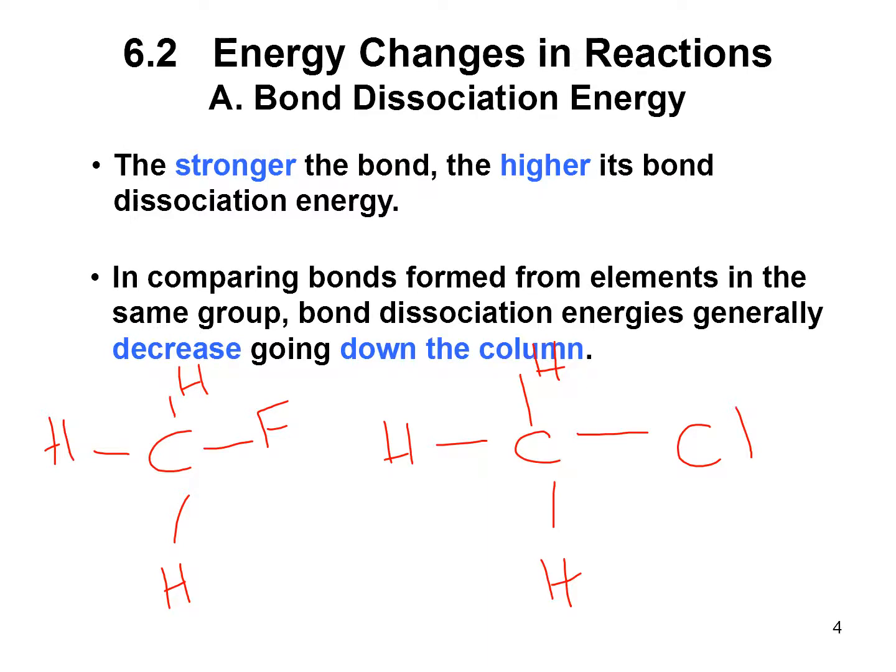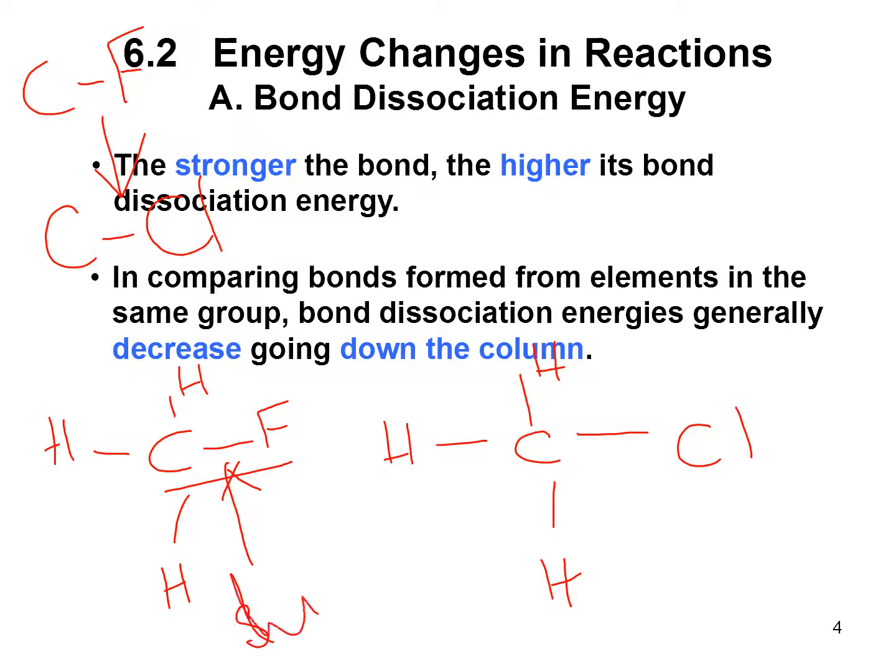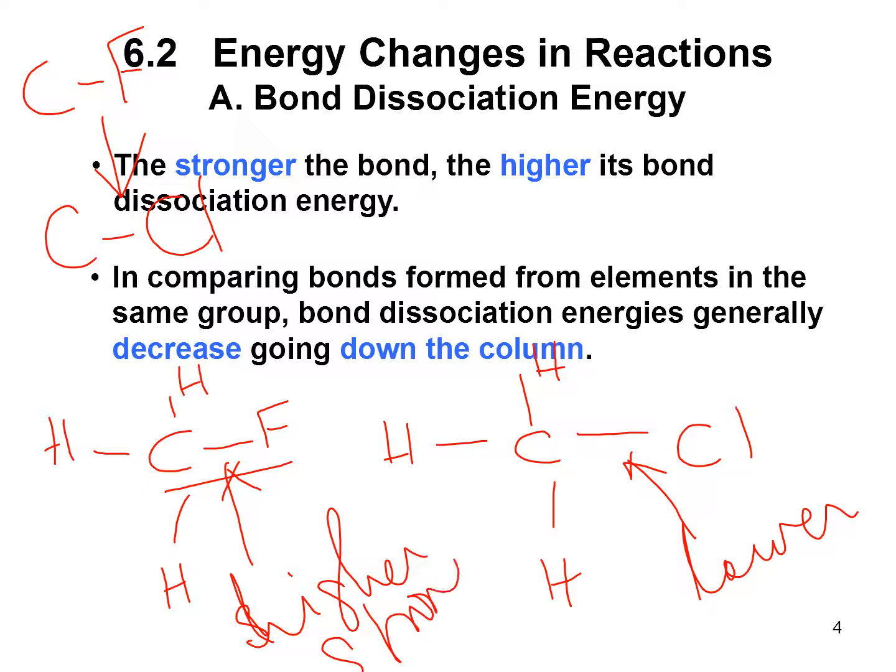So we know that fluorine, with CF, is first in the group, and then CCl is further down the group. Look at the periodic table, F is first, then Cl. And so CF is going to have a higher bond dissociation energy, whereas this is going to have a lower bond dissociation energy. Therefore, this is going to be the stronger bond, and this is going to be the weaker bond.